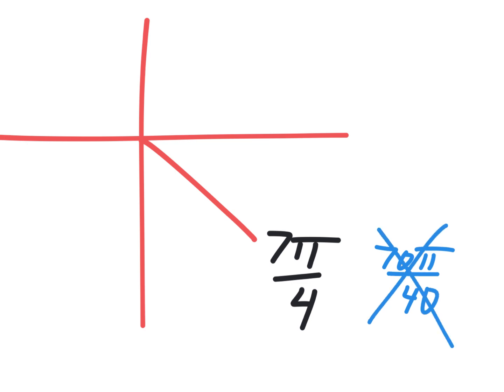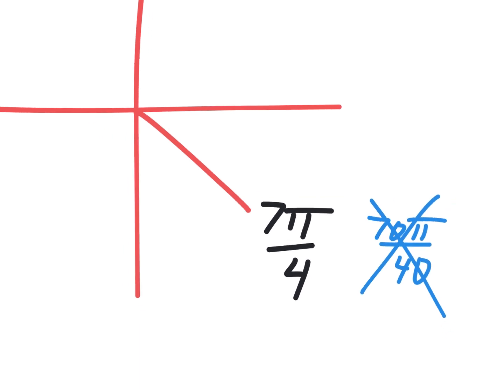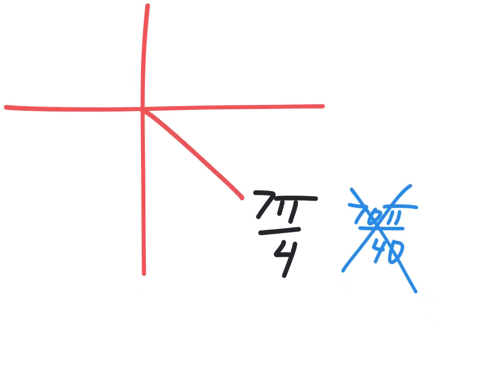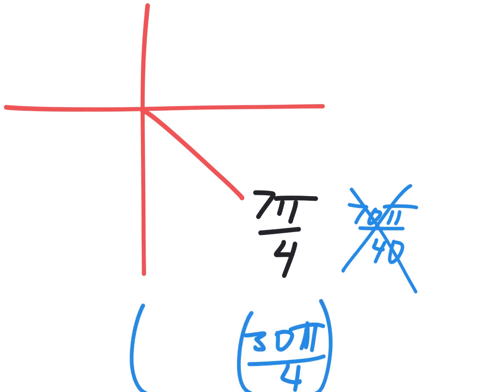Would you please find me a negative way to give this answer and a bigger way that's like 30 pi over 4? It's not that, but it's like that. Would you find me a negative and a bigger angle that are coterminal? One's negative, one's huge. Find me two coterminal things.